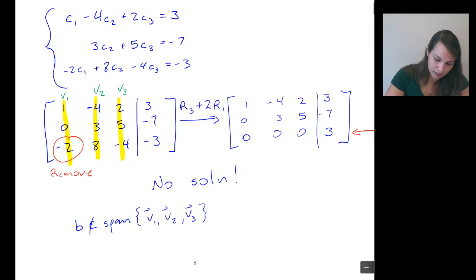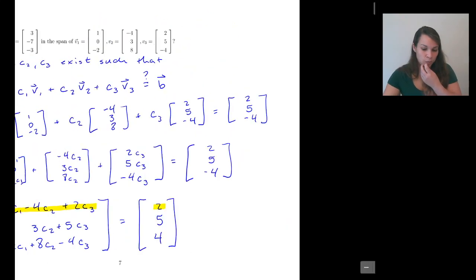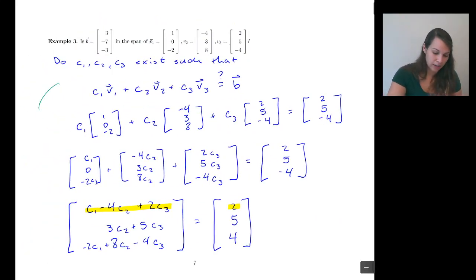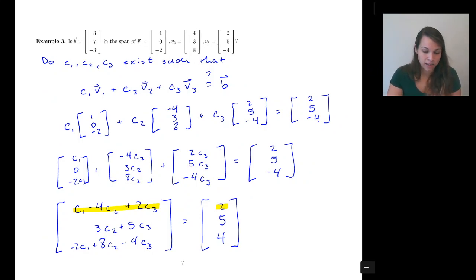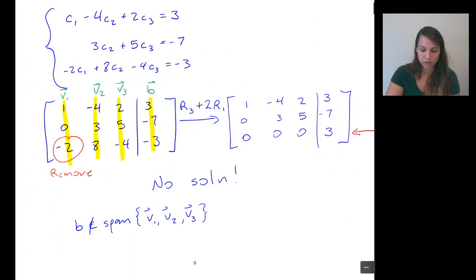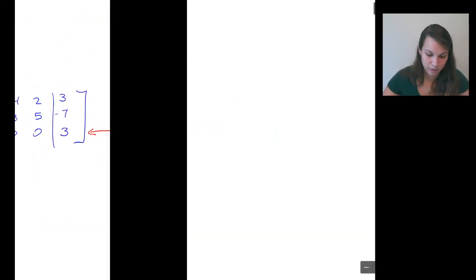And then what about this last one? That was B. So I showed you how to do all this thinking over here. Hopefully you followed it with me. But in the future, you can just skip to the augmented matrix because you know that B being in the span is the same thing as solving this augmented matrix.